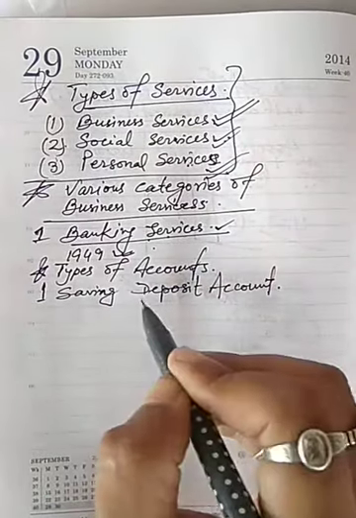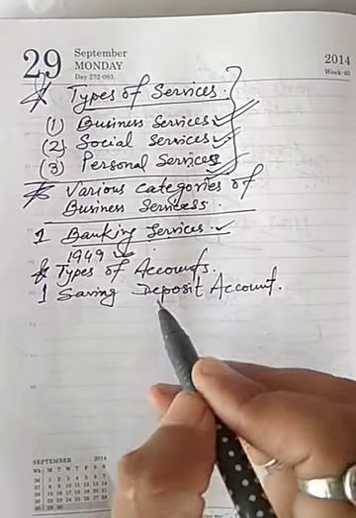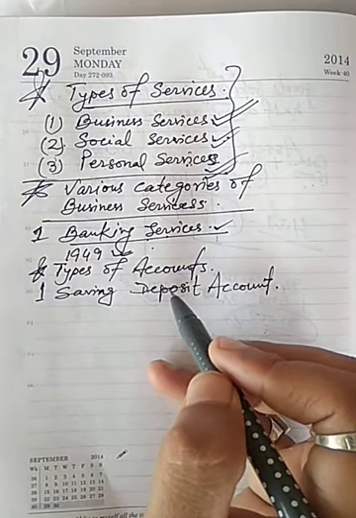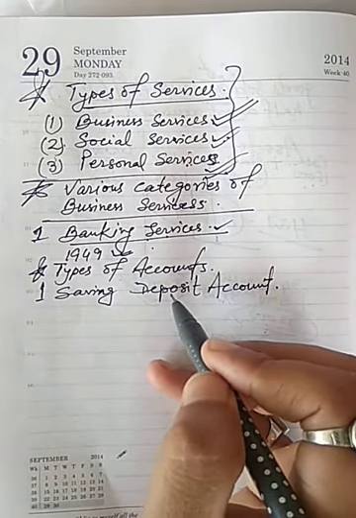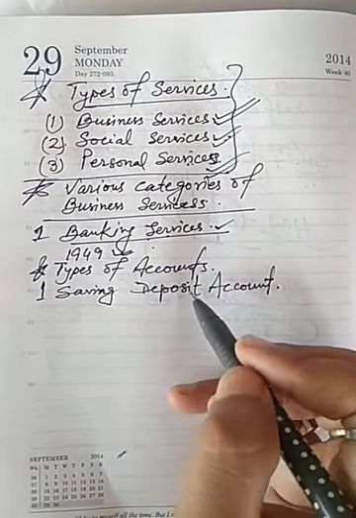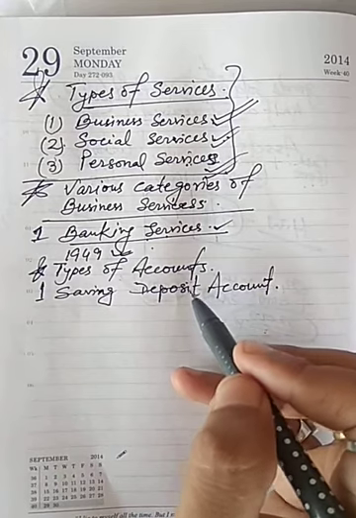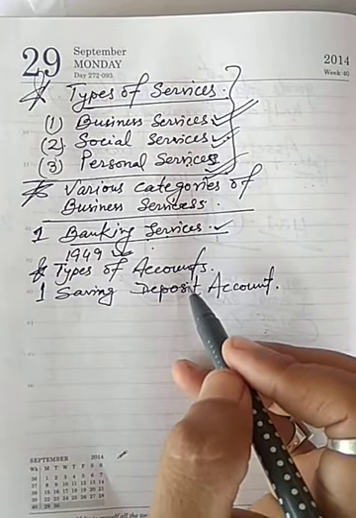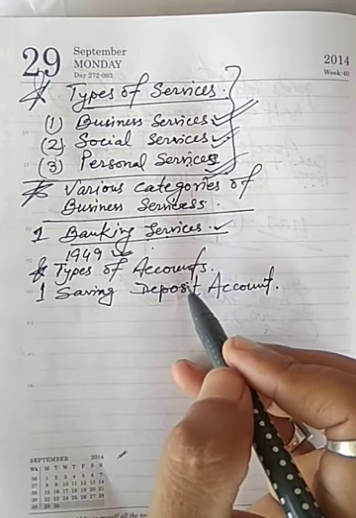A person can open a saving deposit account by depositing a small sum of money. He can withdraw money from his account whenever needed and can deposit whenever surplus is available.